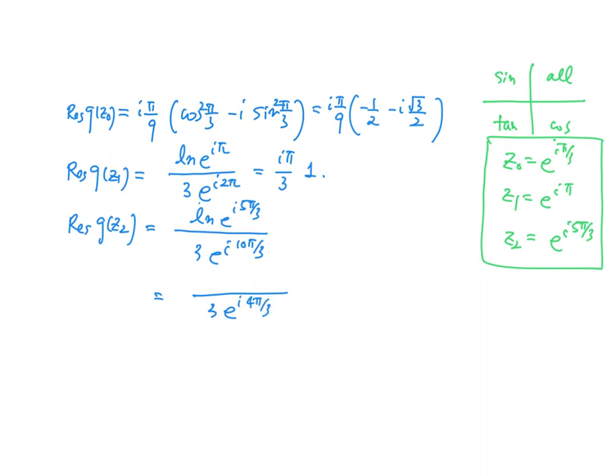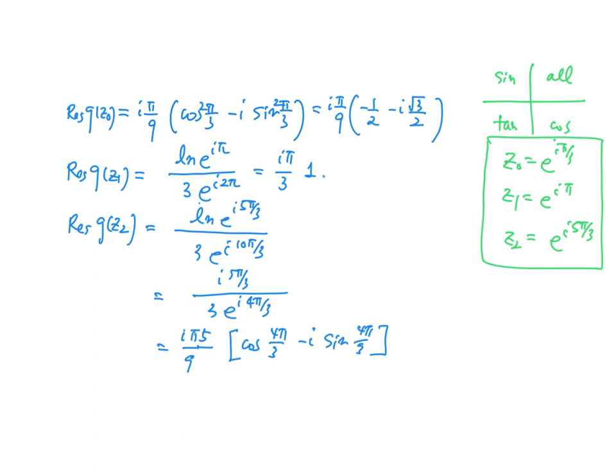Because we can subtract 2 pi. So this is 9 I pi over 5 cosine 4 pi over 3 minus I sine 4 pi over 3.